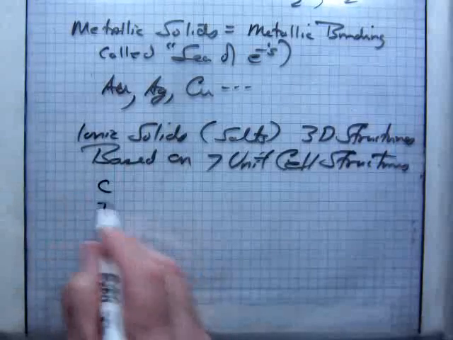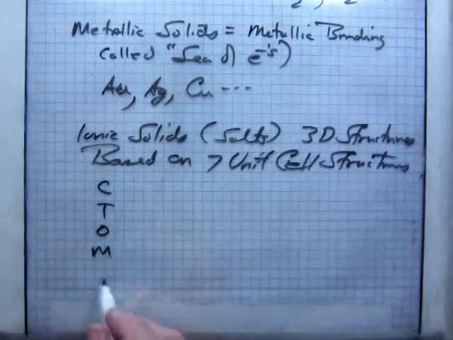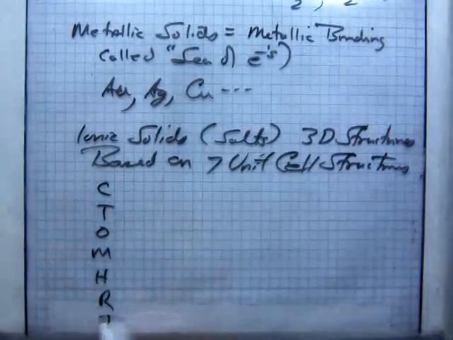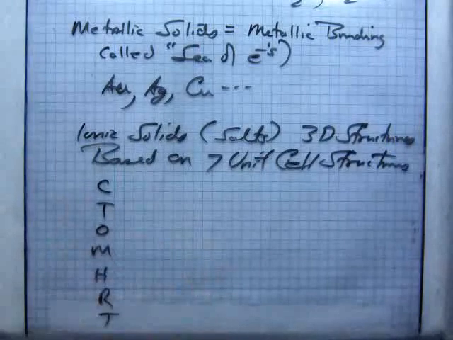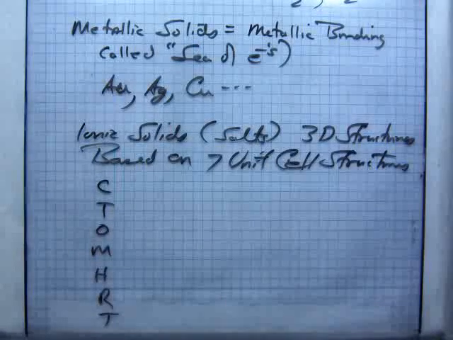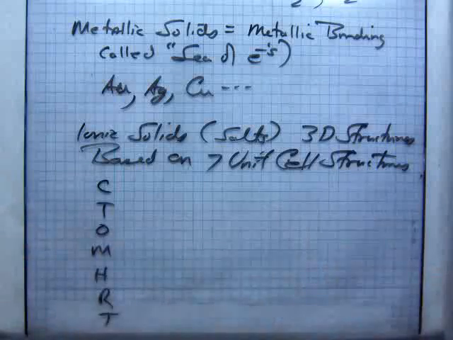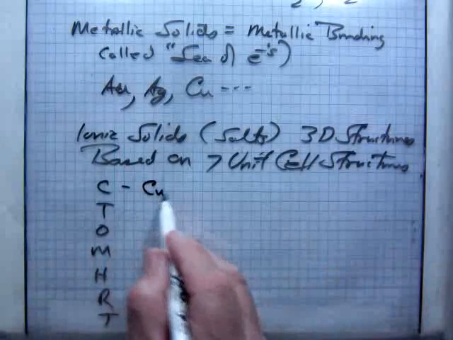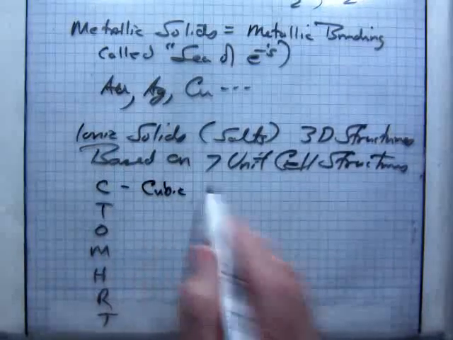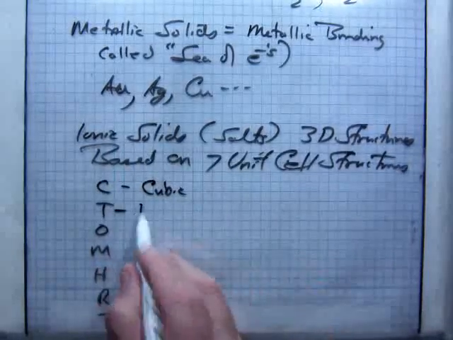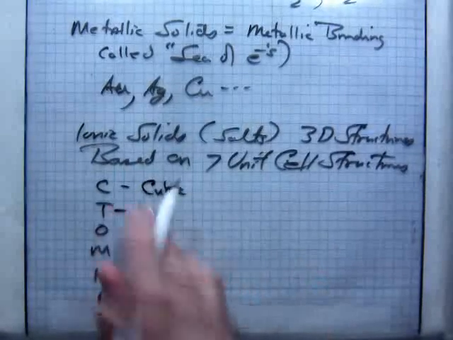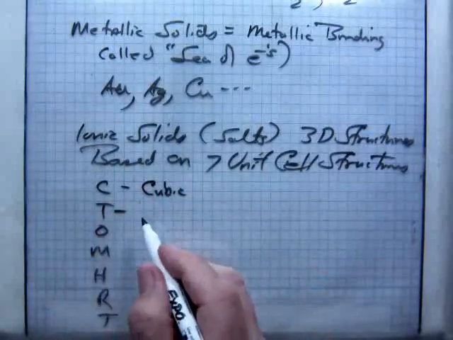C. Tom Hart. That's like Roy G. Biv in the colors, but these are 7 unit cell structures that make salt crystals. Cubic, triclinic, no, let's see. Oh, God.